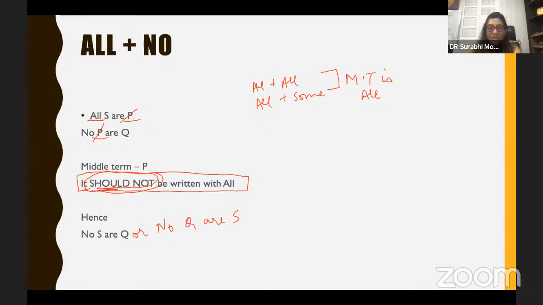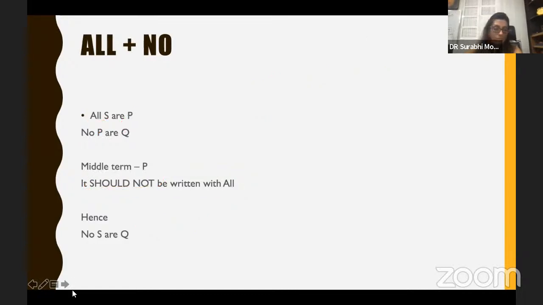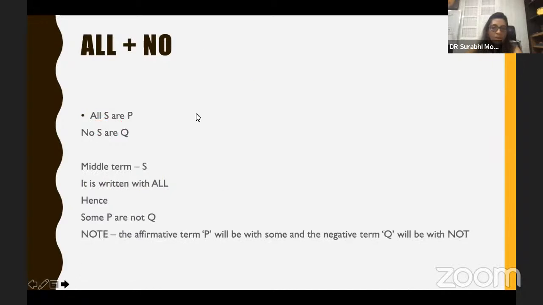So what will be the answer? No SRQ or no QRS. I hope you have got it. Now let's see what happens if the middle term is written with all. So let's take a scenario where the middle term is written with all.